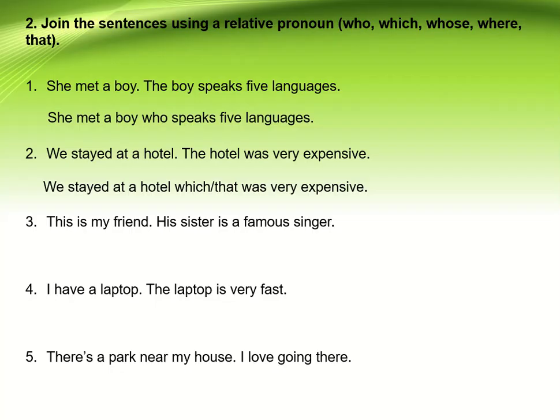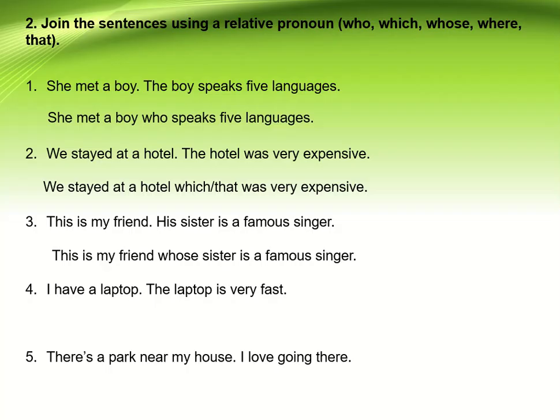Okay. This is my friend. His sister is a famous singer. This is my friend whose sister is a famous singer. I am not talking about a friend, I am talking about the sister of my friend. Number 4, I have a laptop. The laptop is very fast.